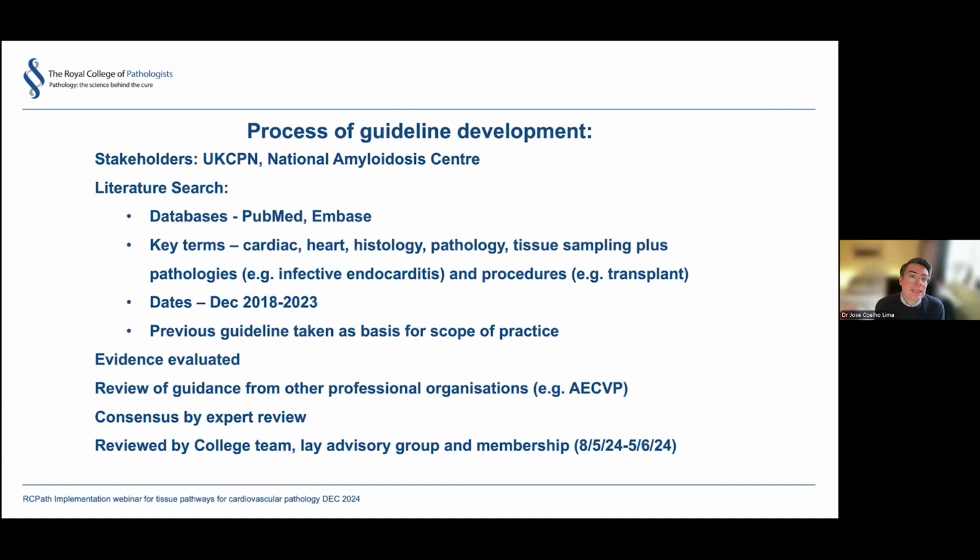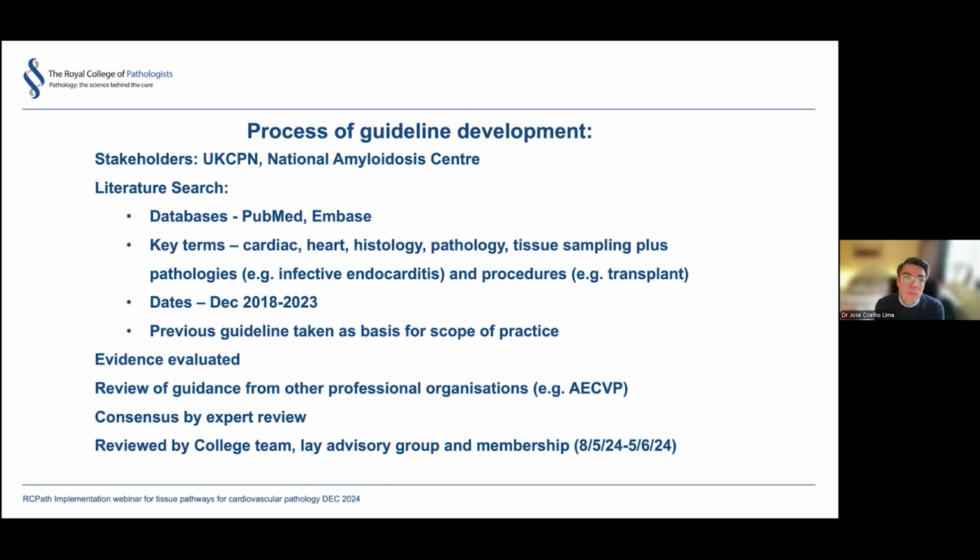The last guideline was published in 2018, and last year the college decided that this should be updated. So in order to do that, we consulted the main stakeholders, being the UKCPN, the UK Cardiac Pathology Network, and the National Amyloidosis Center.